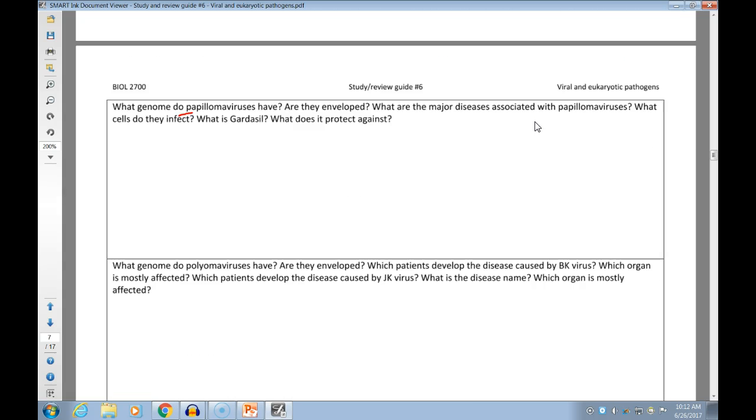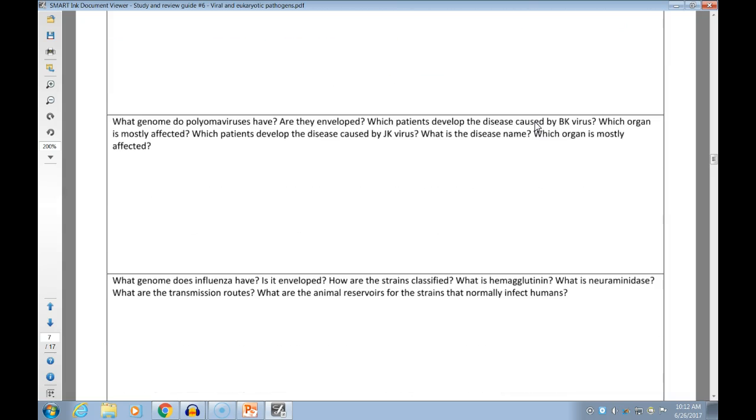Papilloma: DNA, no. Cervical cancer, epithelial cells, vaccine against papilloma. That's kind of it. Polyoma: DNA, no. BK virus, immunocompromised.